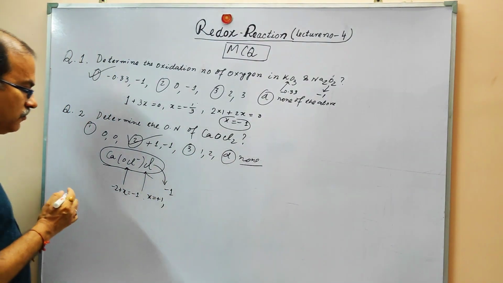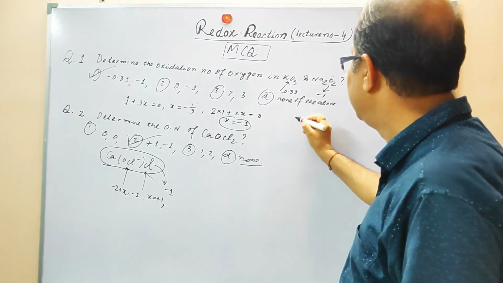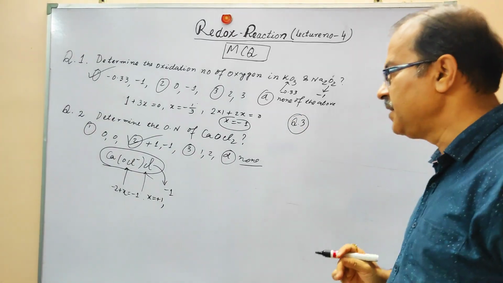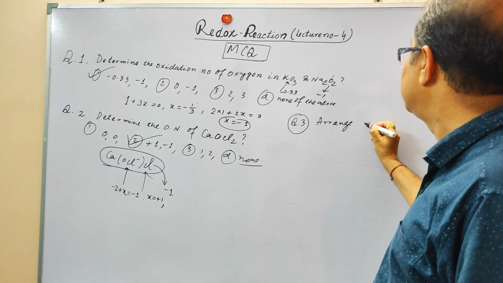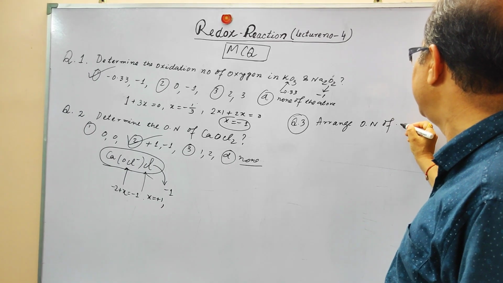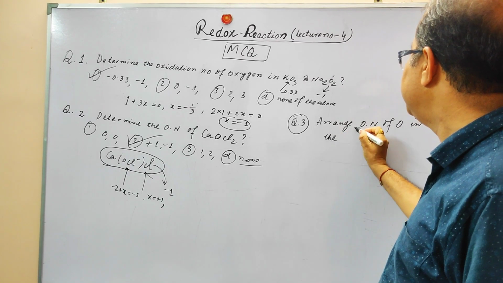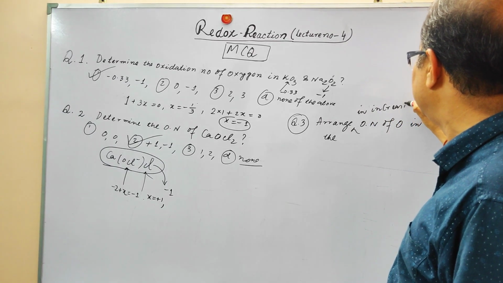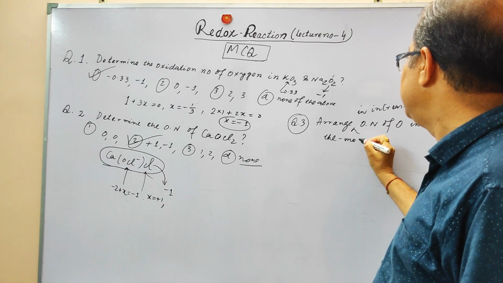And another question of this type that we can understand is question number 3 given here. In question number 3 you have to arrange the oxidation number of oxygen in increasing order in the molecules.